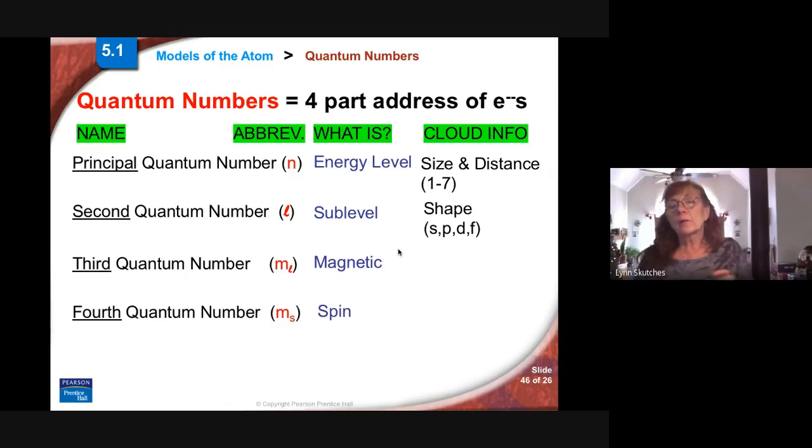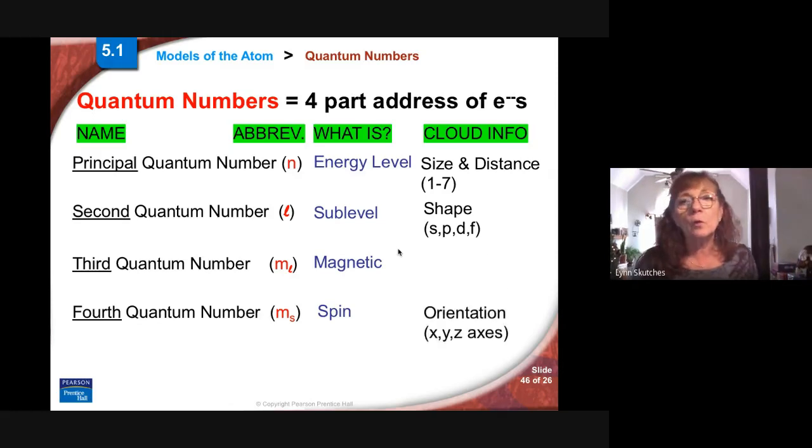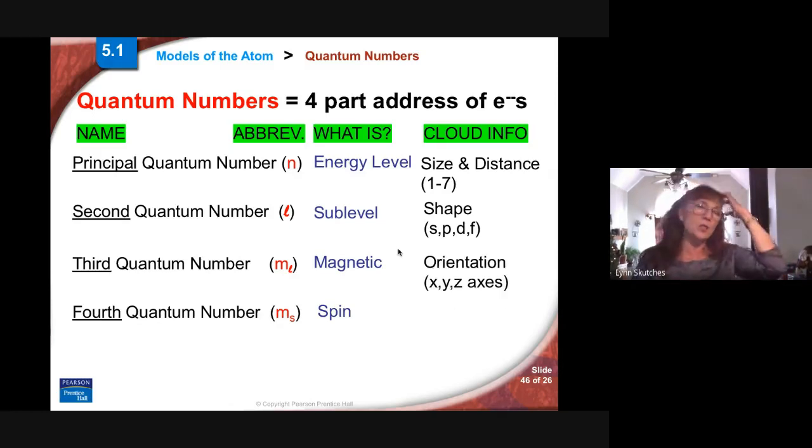Second quantum number is the sublevel. It describes the shape of the cloud, and we'll see tomorrow that there's some crazy shapes. There's 4 categories of shapes: S, P, D, and F, and I will show them to you tomorrow. Actually, they're on your note sheet. Third quantum number tells the orientation. Like the compass tells you which way you're going, how to orient yourself in 3-dimensional space.